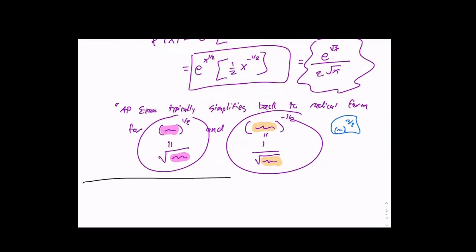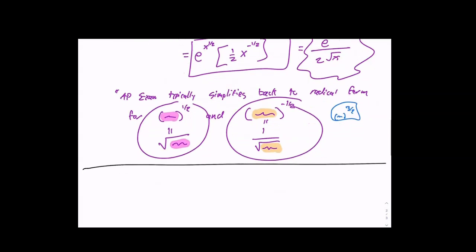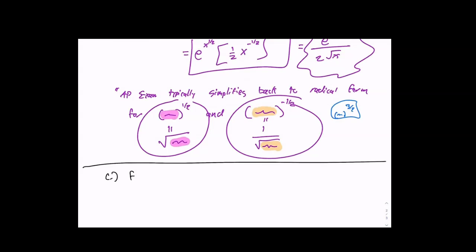Now, these were functions that were exponential first. So this example here was an exponential to a power chain rule. The outside function was exponential. But now sometimes the baby is exponential. Example C: f of x equals cosine of e to the x.